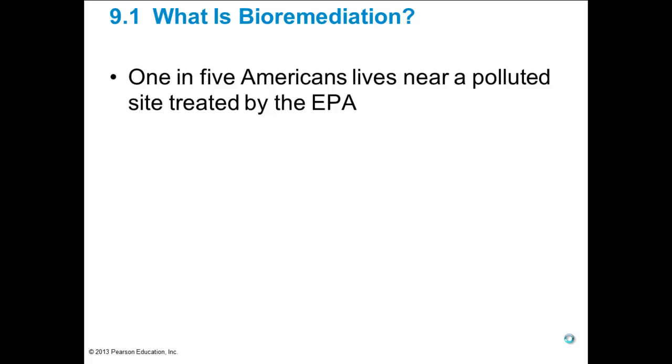And it turns out that 1 of 5 Americans lives near a polluted site treated by the EPA. We live close to Iron Mountain Mine, which is a mine about 9 miles out of Reading, and it is a Superfund site. It has been under environmental cleanup since the 1980s.